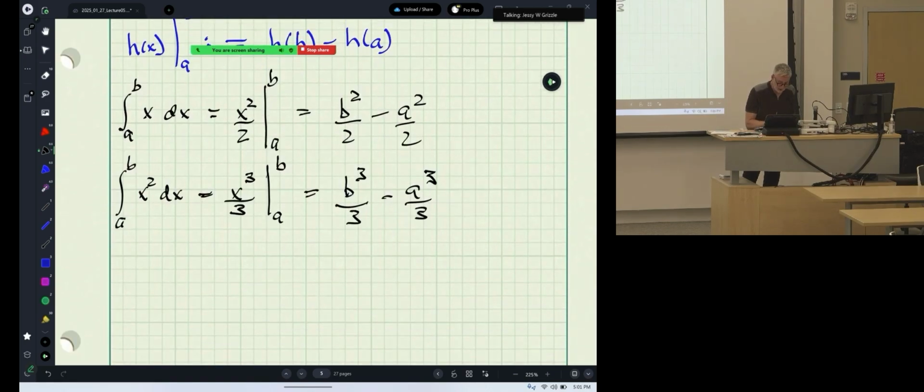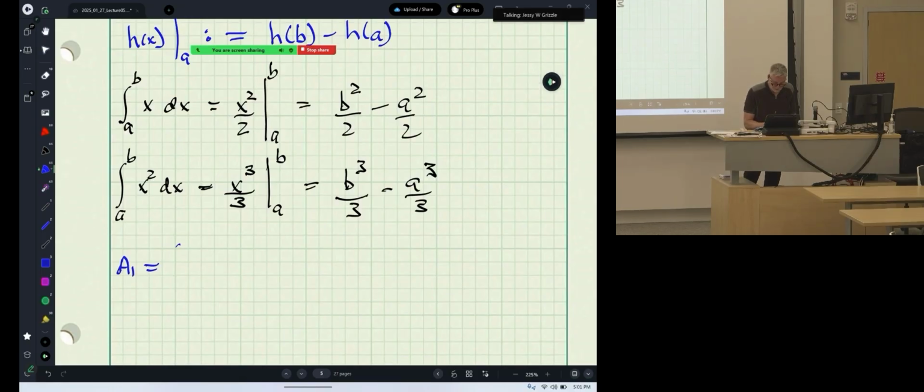So now let's apply it to A1, and that was the integral from minus 2 to 0 of 2 minus a half x squared dx.